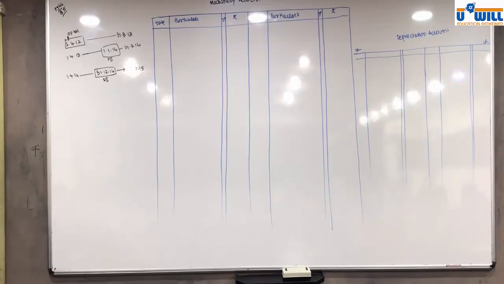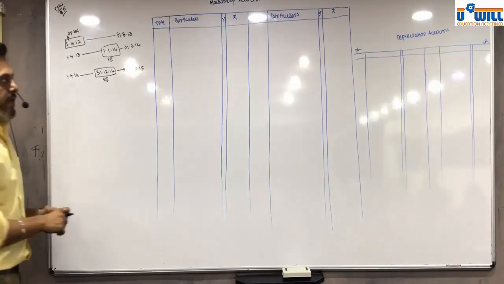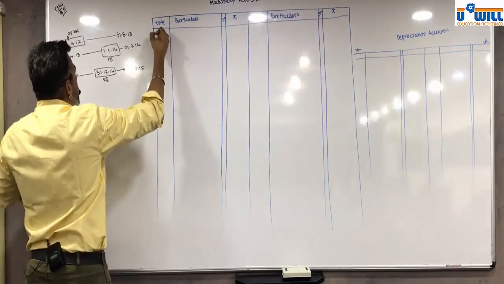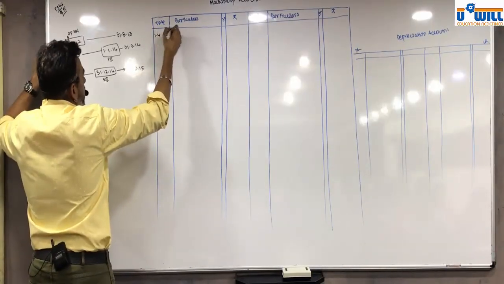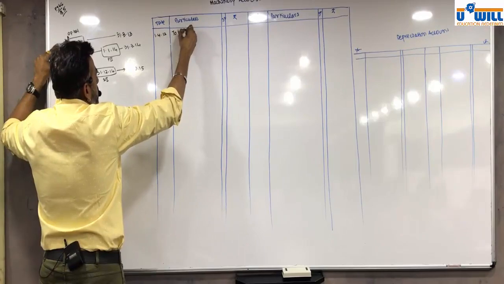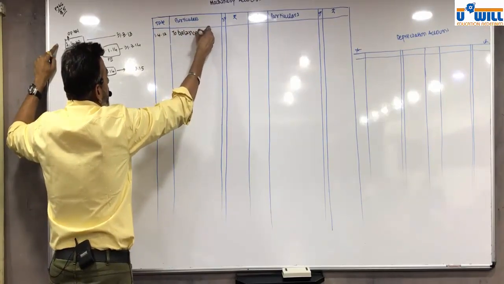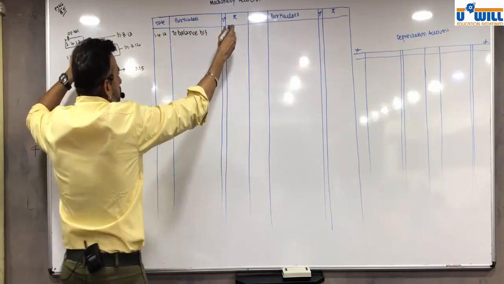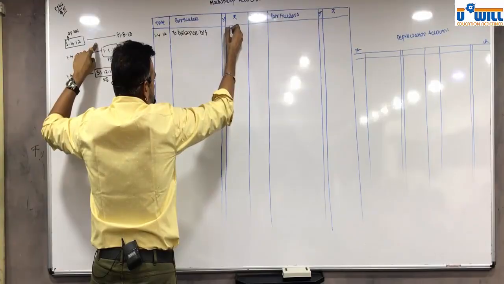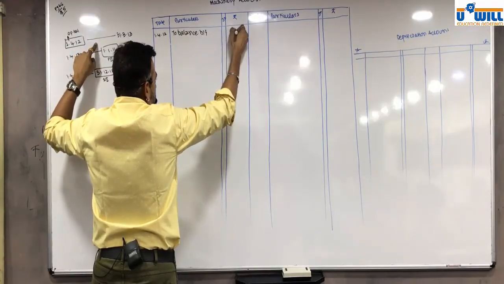Now, what is given? We are given the book value. Machine account shows a balance of 60,000. So on 1/4/2012, balance brought forward. What's the balance? 60,000.